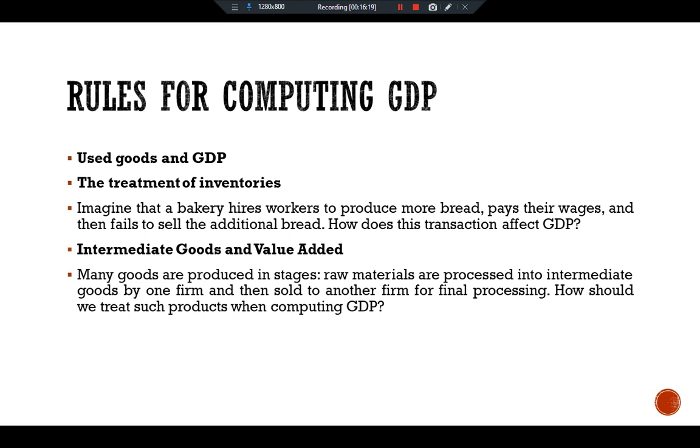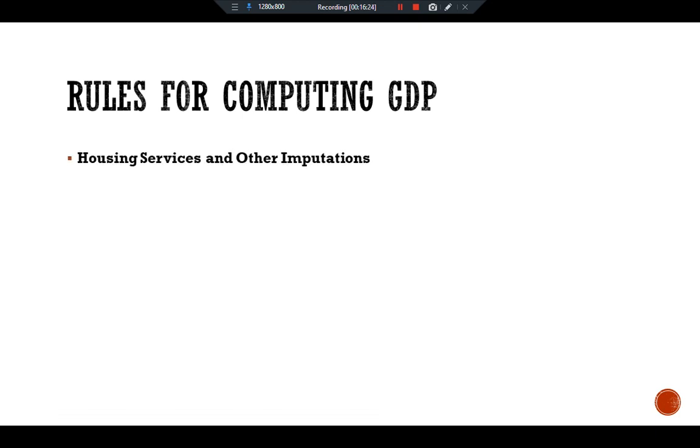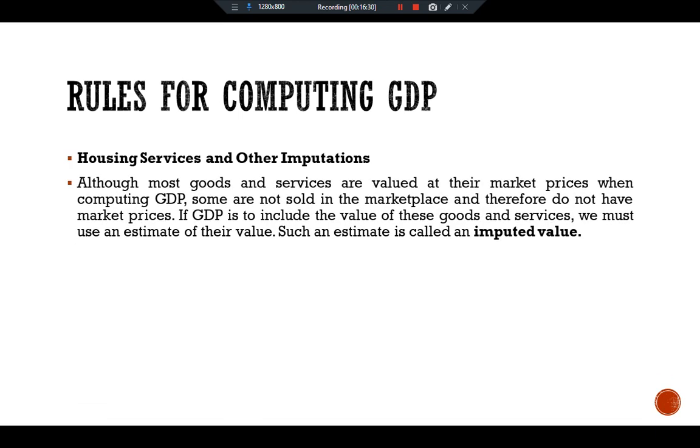Here is another rule, on housing services and other imputations. Although most goods and services are valued at their market prices when computing GDP, some are not sold in the marketplace and therefore do not have a market price.